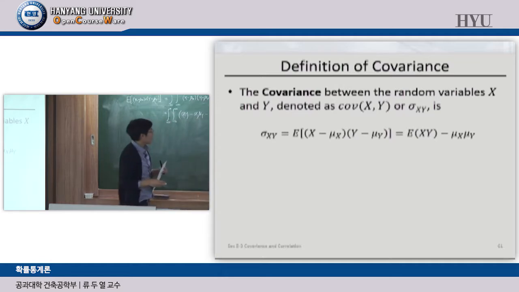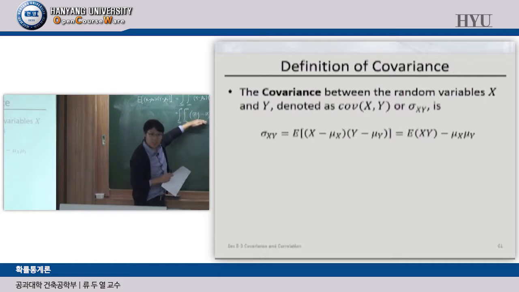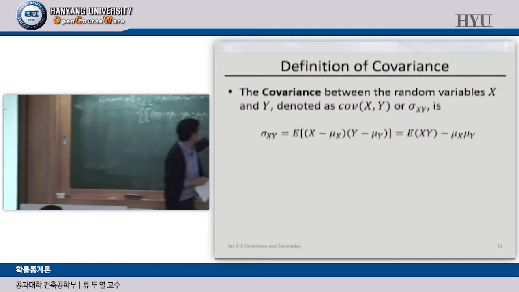Right? This is this: xy, and minus x by mu y, and minus y by mu x, and plus mu x by mu y. So we can express this equation as you can see here.